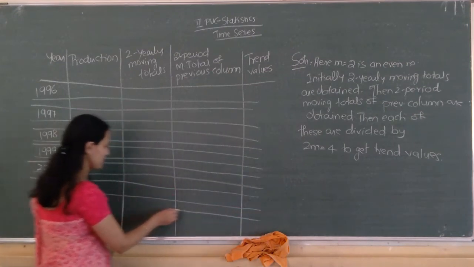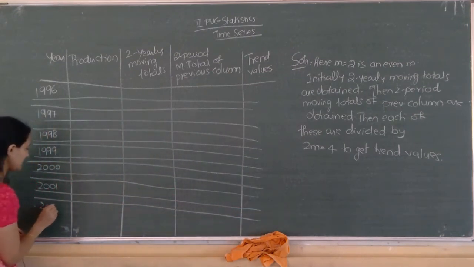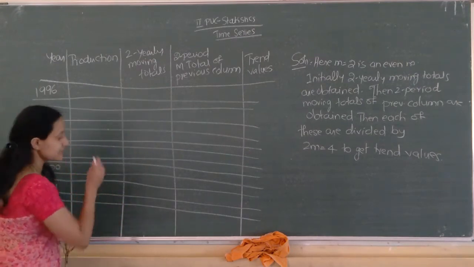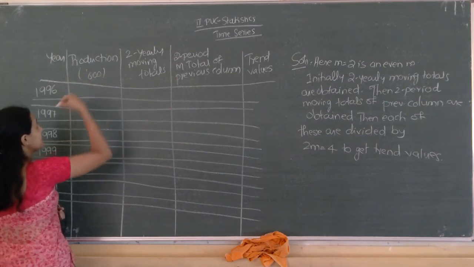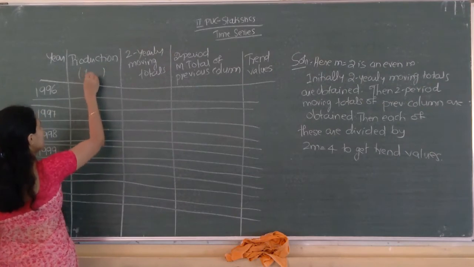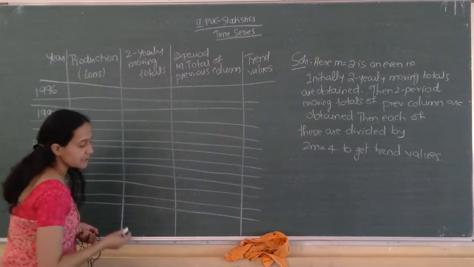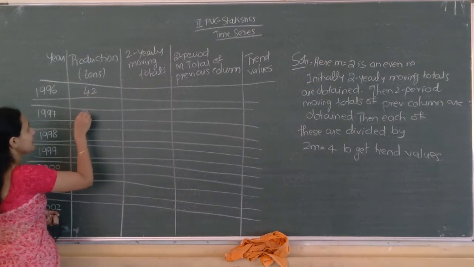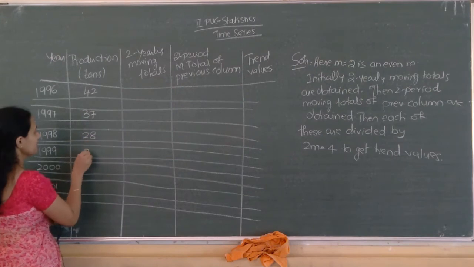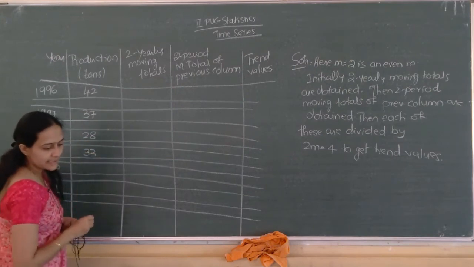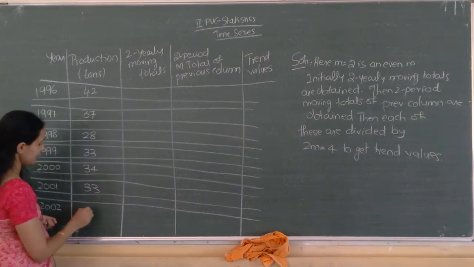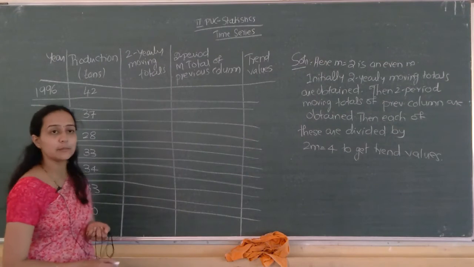Clear? So next write the production, in tons, not 1000 tons, they gave in tons. 42, 37, 28, 33, 34, 33, 30. Okay, first 2 yearly moving total.